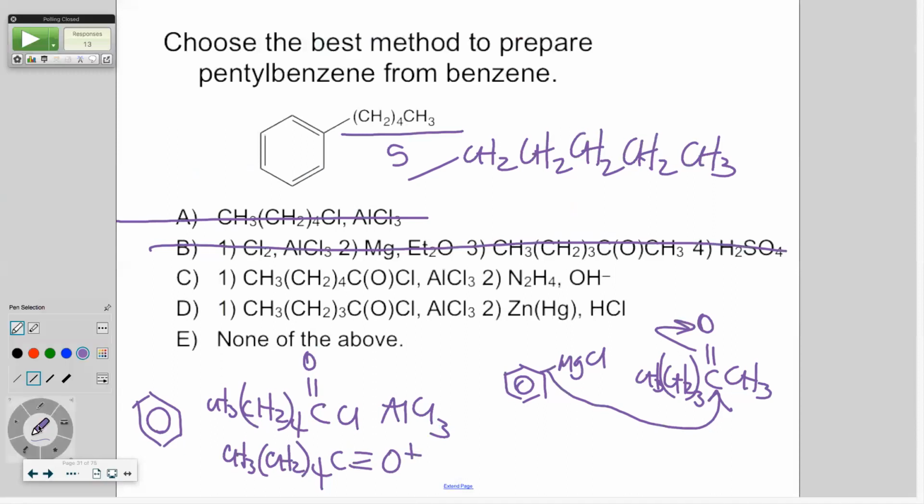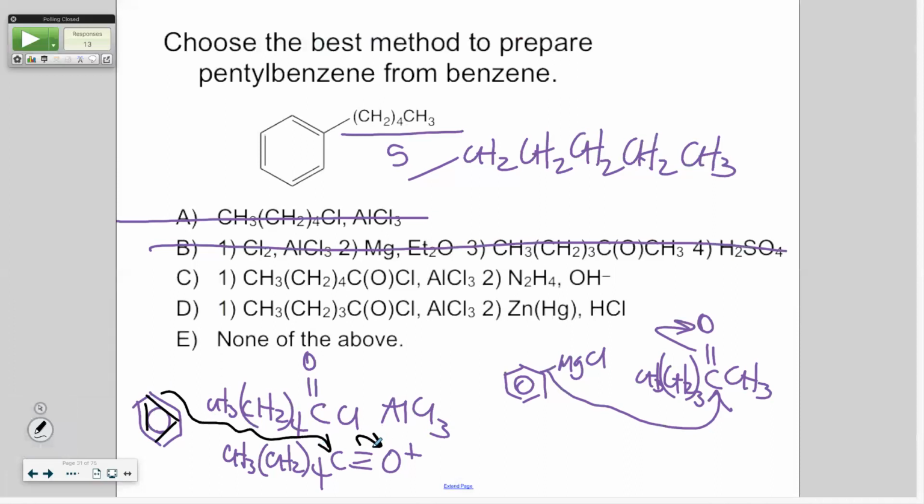Okay, so now our benzene, I'm going to put my double bonds in there. Our benzene is going to go to the, and then we go out to the O. So what do I have now? I'm going to run out of room, aren't I? I'm going to have C double bond O. How many CH2s? 4. And then the CH3. And then I got an H and an H and a plus. And then we're going to deprotonate, make our benzene.